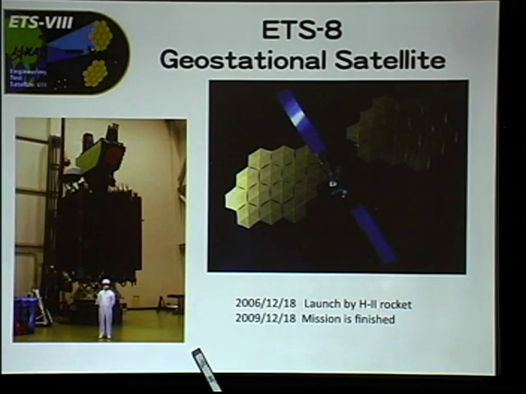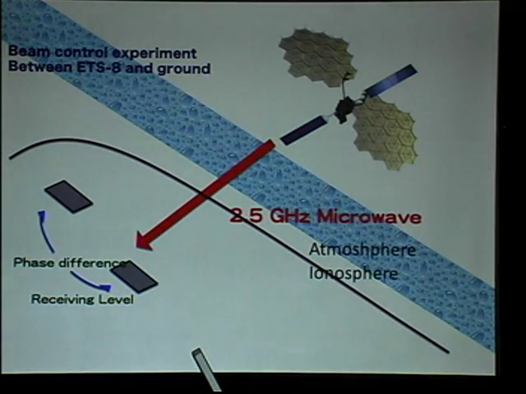We tried to receive the 2.5 gigahertz microwave from ETS-8, a geostationary satellite. The microwave passes through the ionosphere and atmosphere, so we can measure how large the variation is.